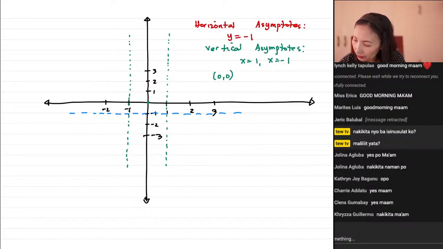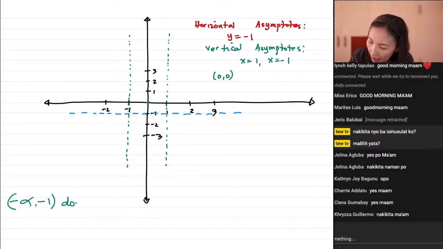Once more, let me write here na lang. From negative infinity to negative 1, down. Okay? From negative 1 to 1, up. From 1 to positive infinity, down.